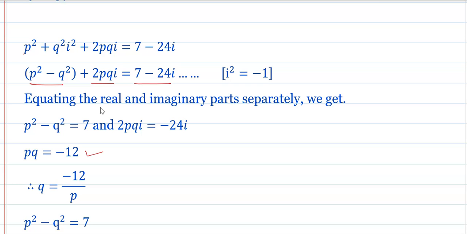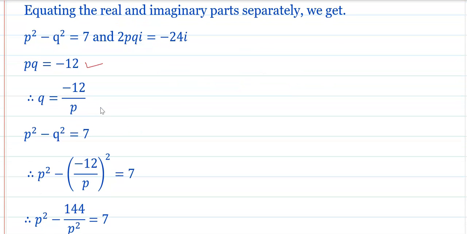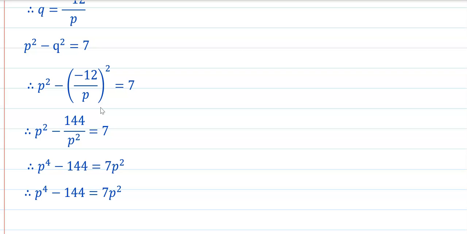Substitute the value of this q in the equation p squared minus q squared equals 7. Therefore we get p squared minus (minus 12 upon p) squared equals 7. So p squared minus 144 upon p squared equals 7. Multiply this expression by p squared. Then we get p squared into p squared, p raised to 4.